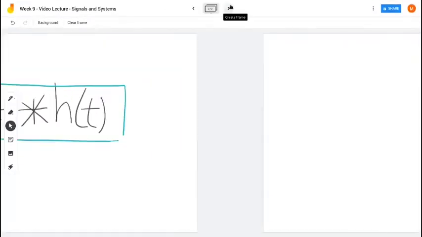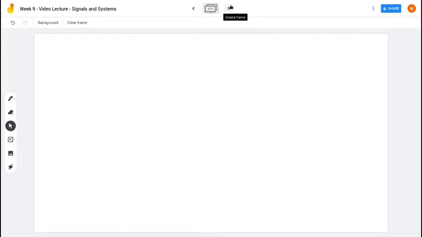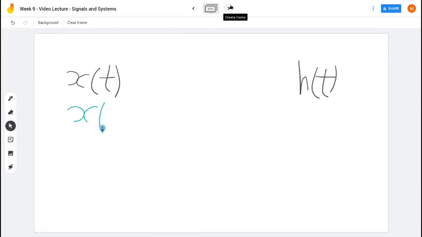So in order to evaluate the convolution integral, we start with x of t and h of t. First step is to replace t by tau, so x of tau and h of tau.